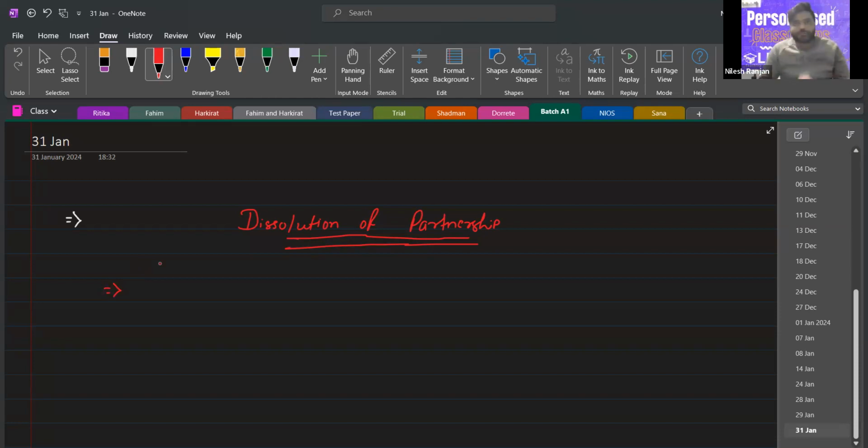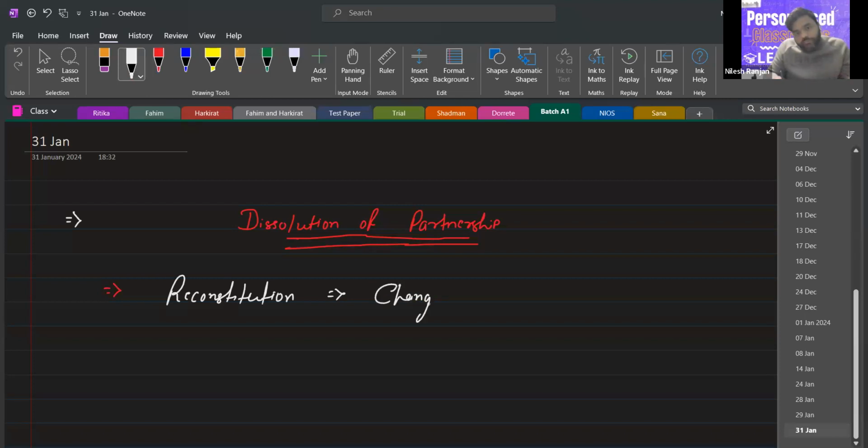Okay. So dissolution. What is dissolution? First of all, dissolution is a simple word which we have already studied in the beginning, in change in profit sharing ratio. That is called reconstitution of partnership, if you remember. Yes, sir. The word we have discussed, reconstitution, means change in relationship between partners.